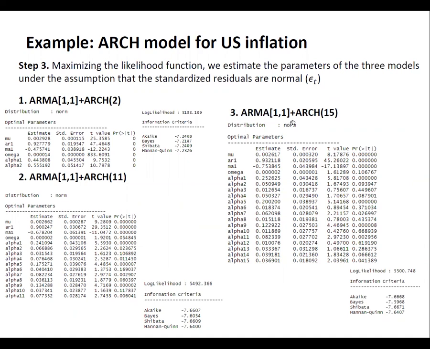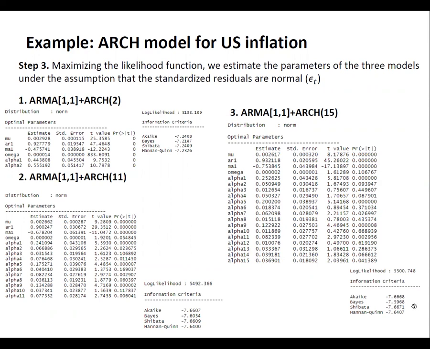The third version of the model here is ARMA(1,1) plus ARCH(15). These are 15 coefficients. Here log likelihood increases almost insignificantly, and according to information criteria, we also see that there is no significant improvement. AIC prefers ARCH(15), but AIC often overfits the model.